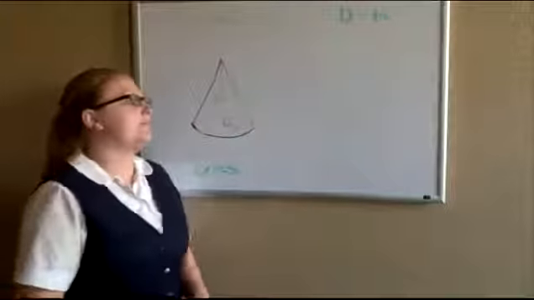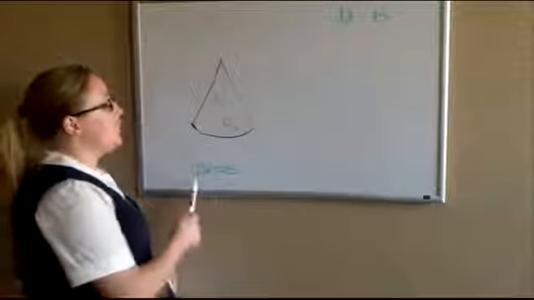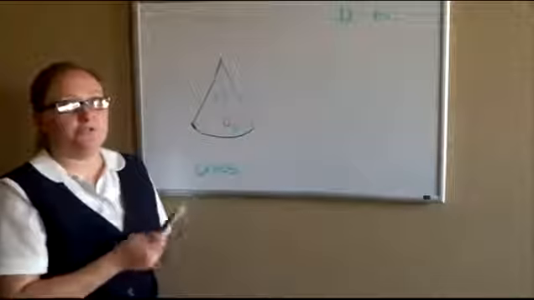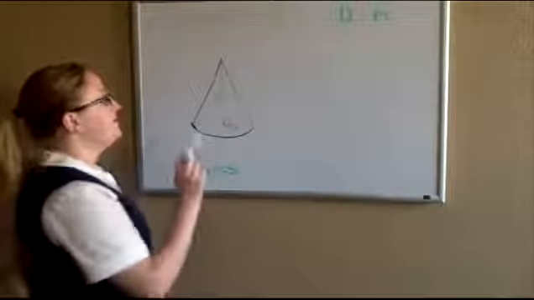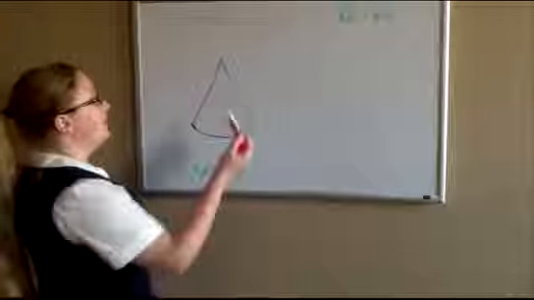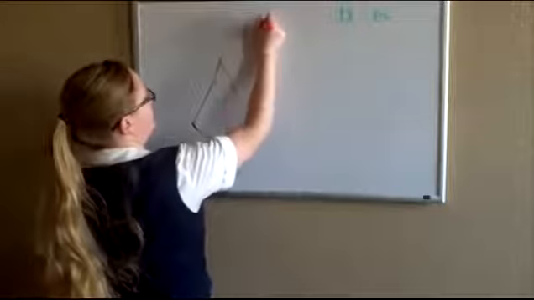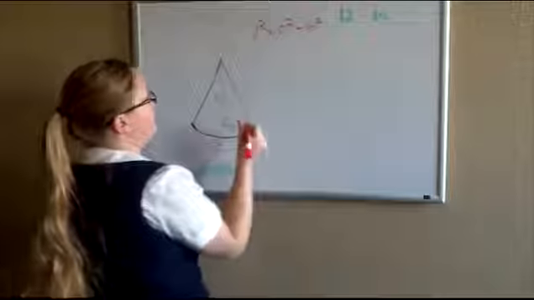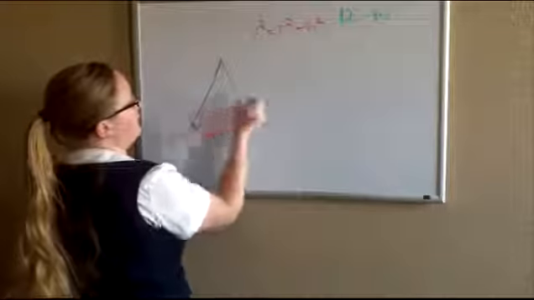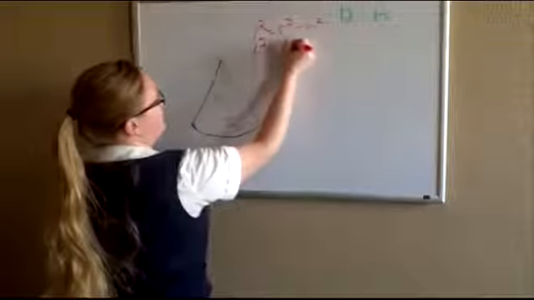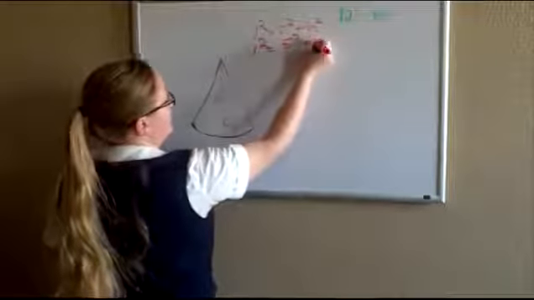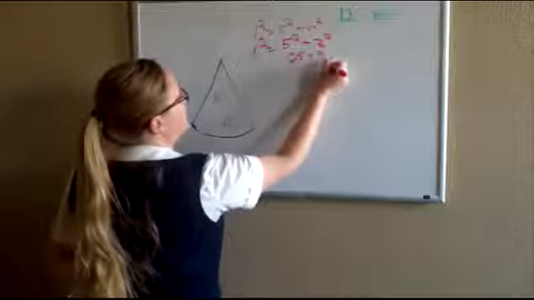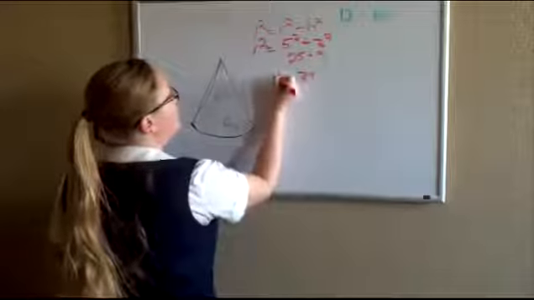Alright, moving on to problems number 12 through 15, the cones. Again, the first problem is going to ask you for the slant height. Just like the pyramid, they give you the right numbers. Slant height is equal to the square root of radius squared plus h squared. 5 squared plus 3 squared gives you 25 plus 9 gives you 34.